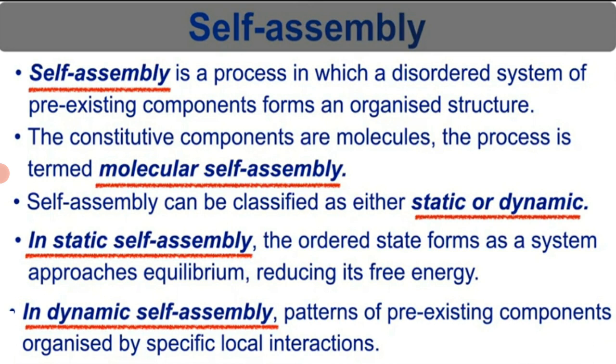Self-assembly can be classified as either static or dynamic. In static self-assembly, the ordered state forms as a system approaches equilibrium, reducing its free energy. In dynamic self-assembly, patterns of pre-existing components are organized by specific local interactions.